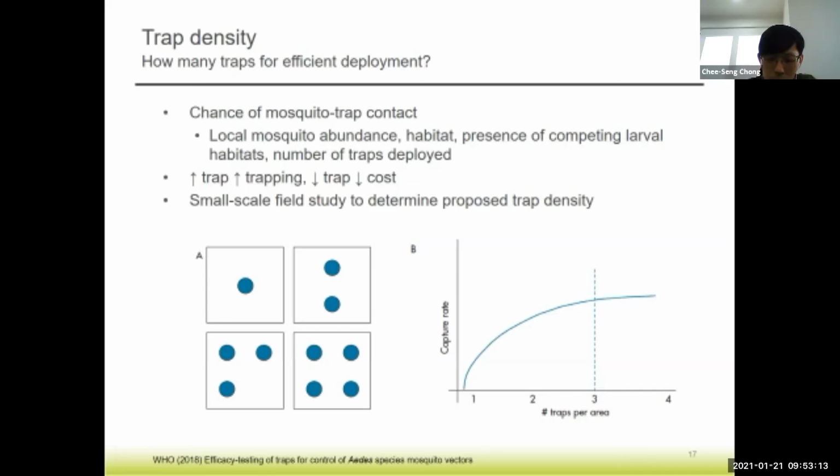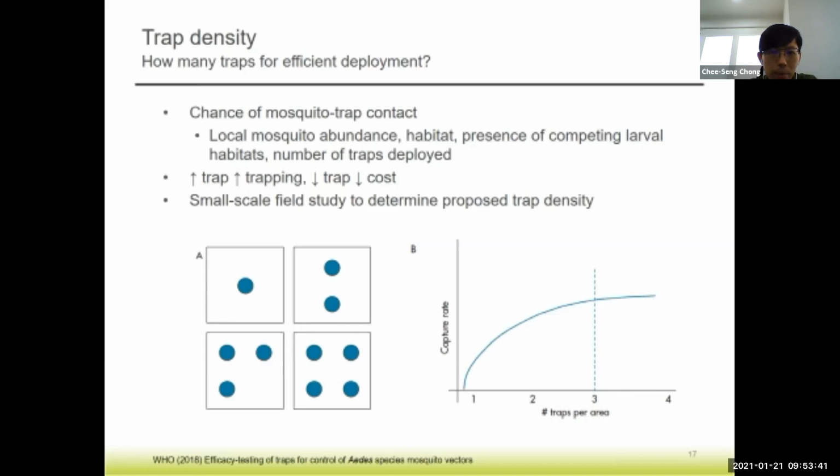About the question on the use of BG traps, whether the use of CO2 will increase the attractiveness to mosquitoes in addition to the lure itself. Personally, we have some experience. It does increase. And if you look at some of the publications out there, it shows that it can increase catch quite dramatically.